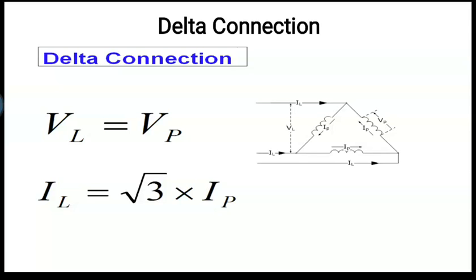Line current means the current which is coming from the main supply. And you can see there is a symbol of an inductor. The current passing through that inductor is a phase current, IP. So the current which is coming from supply is IL, that is line current, and when the current goes to the phase, it is a phase current.